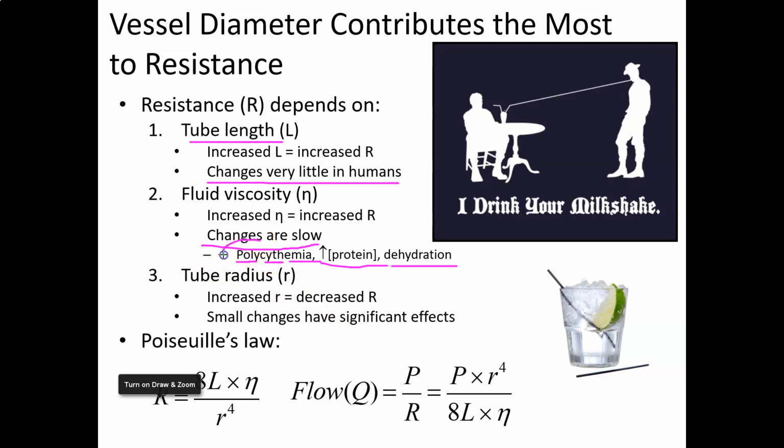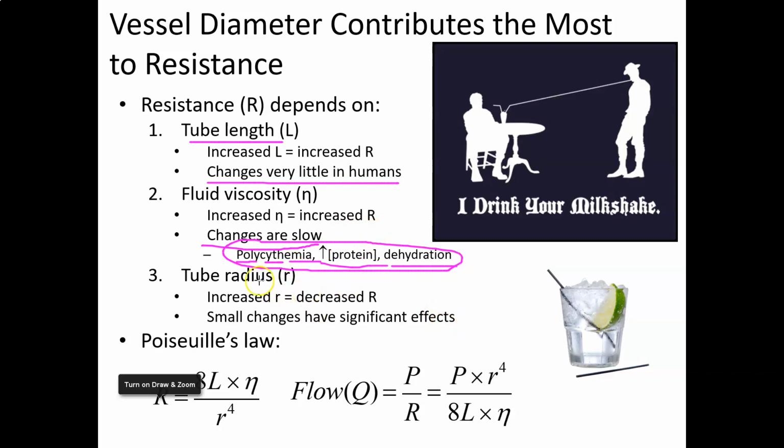All three of these things, though, take a while to change. You can't just increase the amount of protein you have. You can't suddenly dehydrate your body, or suddenly have too many red blood cells. So these tend to be fairly slow processes, and certainly not that important for the second-to-second, minute-to-minute regulation of resistance.